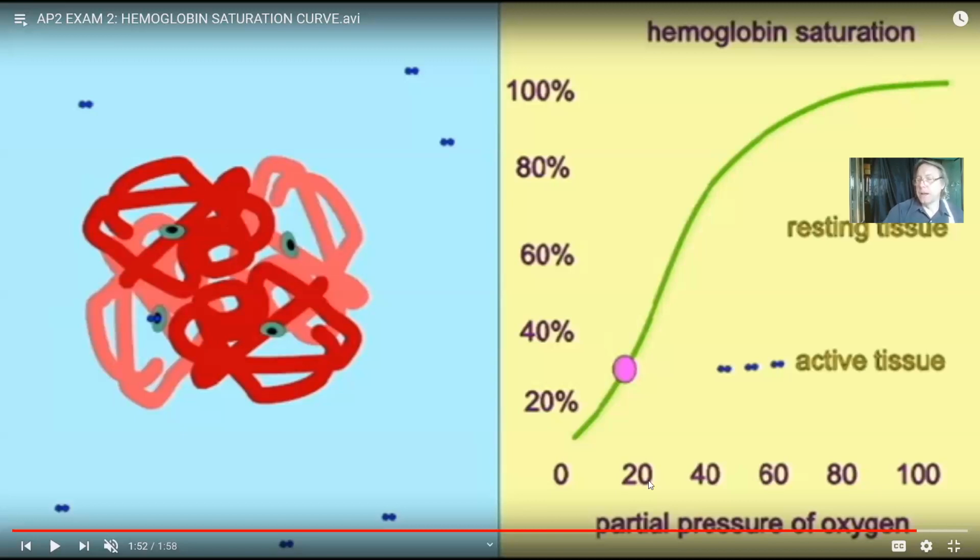Here we dropped a partial pressure of 20 and it had a huge effect. The active tissue is getting 75% of the oxygen that hemoglobin carries, while the resting tissue only got 25%. And so the way that hemoglobin interacts with oxygen is very adaptive. It's been tinkered with to give just this relationship so that the curve depicting this relationship looks just like that.